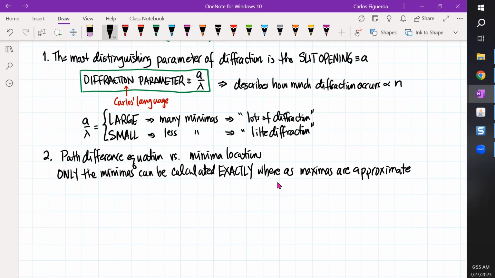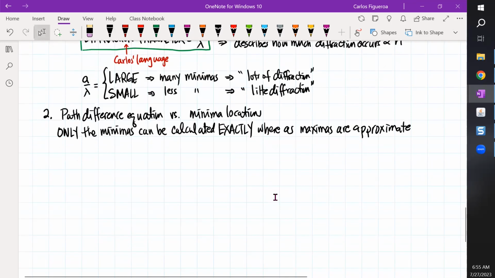I would say that for the first three, maybe even four, there's an approximation, but after that, it's pretty much exact. So when I look at this, we really only focus on the minimas.